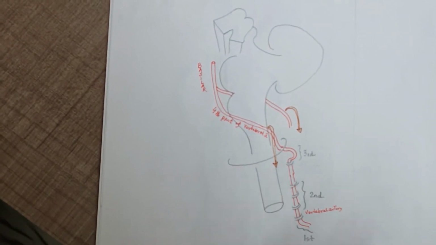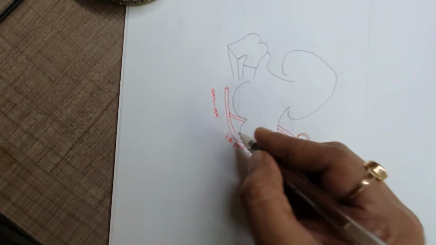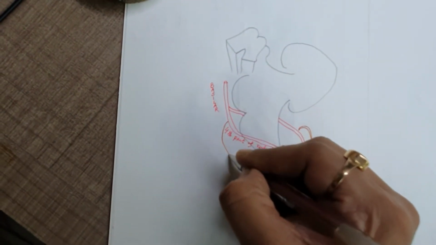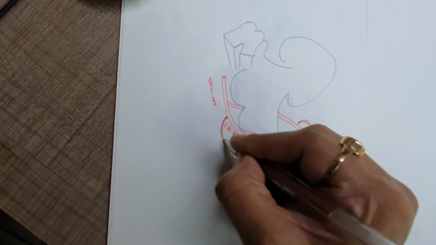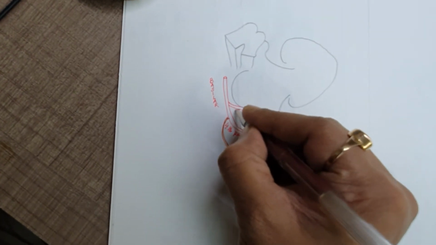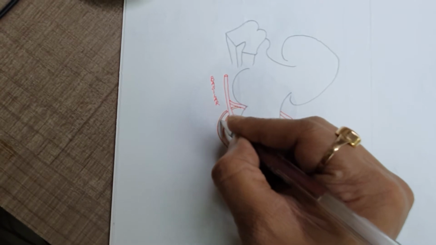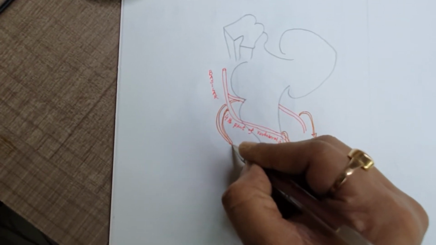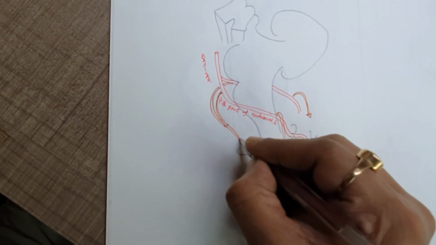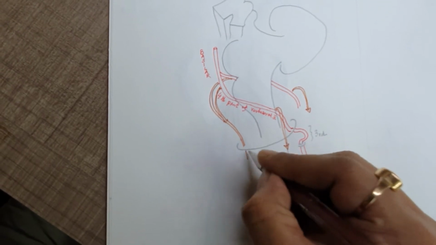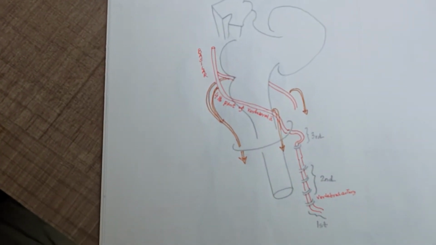So there are two posterior spinal arteries. Whereas in front, the branches meet together and make the anterior spinal artery. This is a single artery.